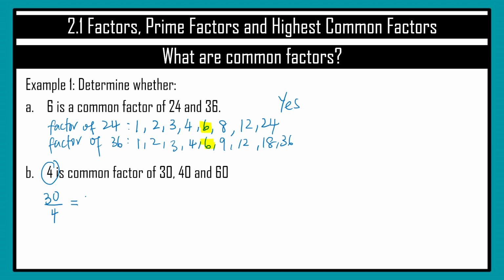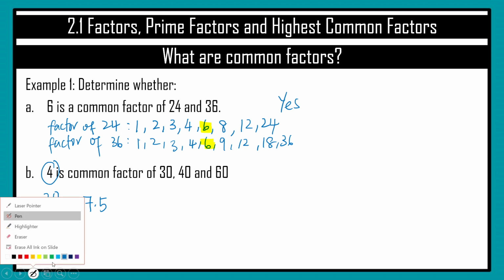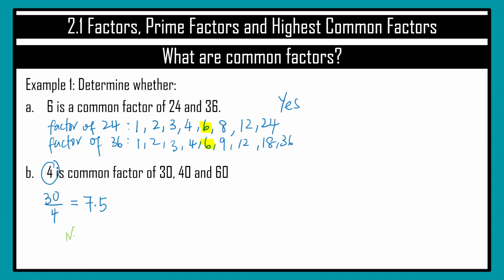You get 7.5. If you remember, I already mentioned that any decimal number means it is not a factor of that number. So definitely we got one no here. I'm going to put a small no.